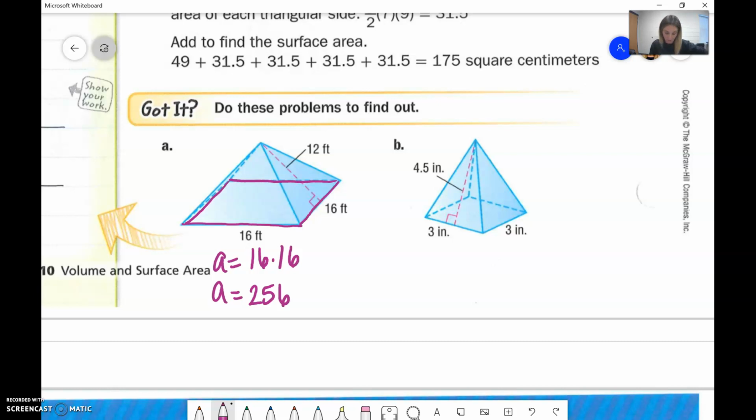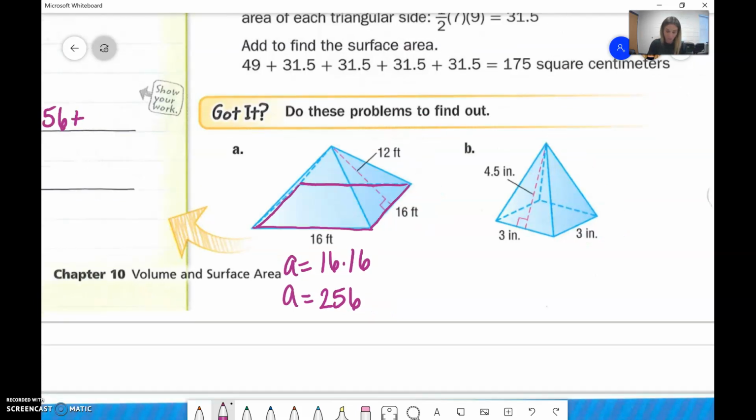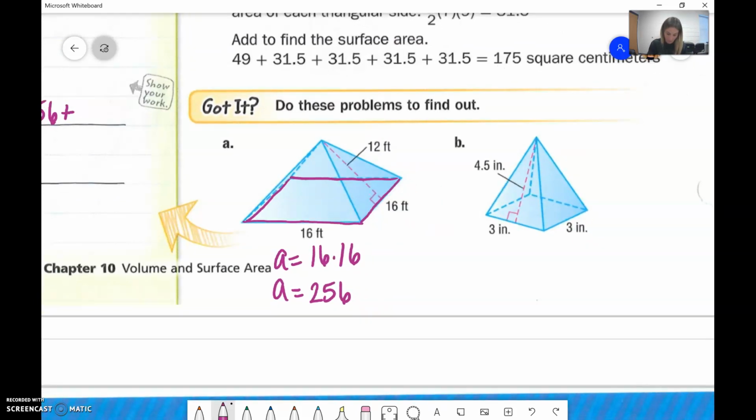So I know that I'm going to take 256 plus whatever the area is of my triangles. Now let's see how many triangles we have. Well, obviously I'm going to have 4 because I have 4 sides on this base. So I have 4 triangles. So now let's take a look at the triangle that's going to help us get the area of one triangle, and then we're just going to multiply that by 4.